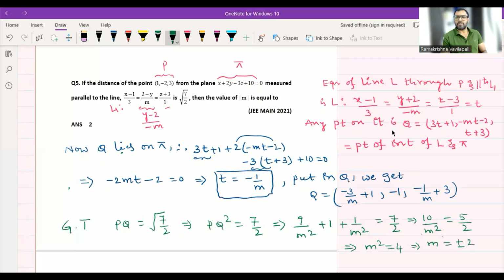As we got 2 values for m, that's why they are asking what is modulus of m. So therefore, modulus of m equal to only 2. So this is a very good question based on the distance of a point measured parallel to a line, asking the value of the parameter.